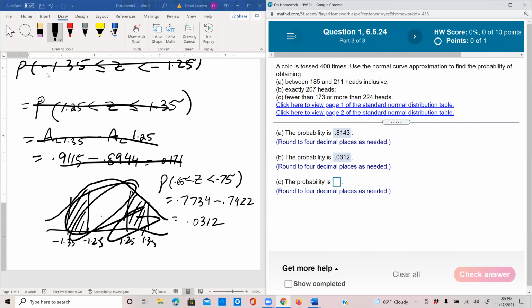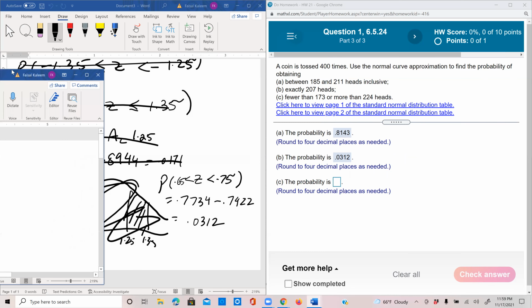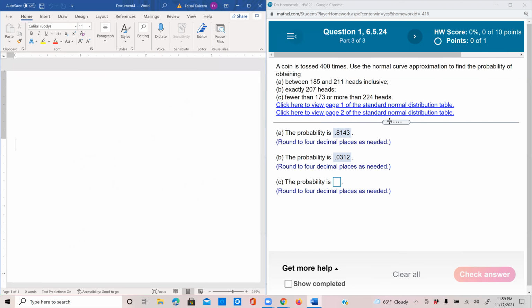And then in part C, let's open a new file. In part C, fewer than 173, so you need the probability X is less than 173, or more than 224. That would be addition, because fewer than 173 and greater than 224 are mutually exclusive, so the or changes into simple addition.